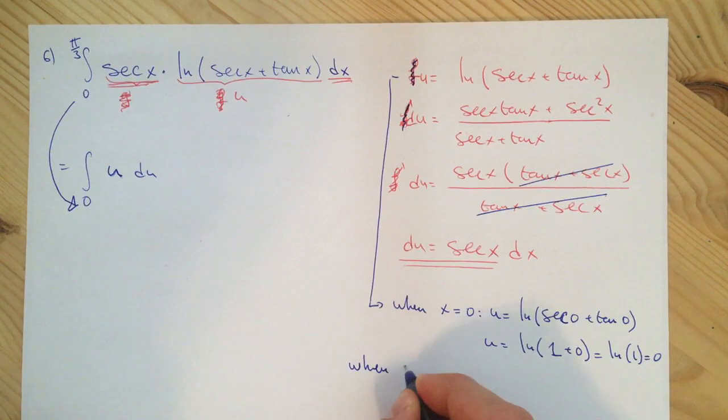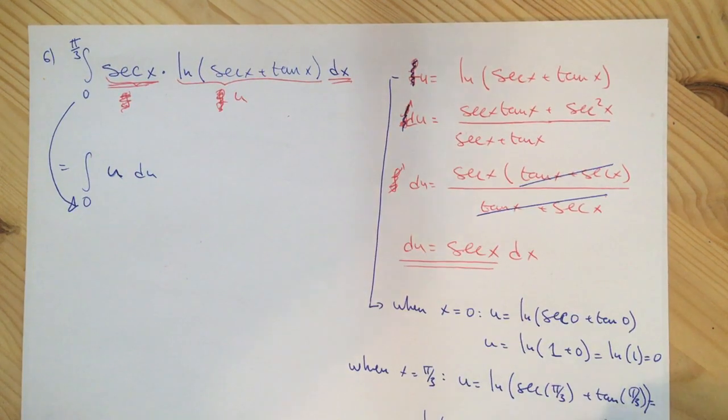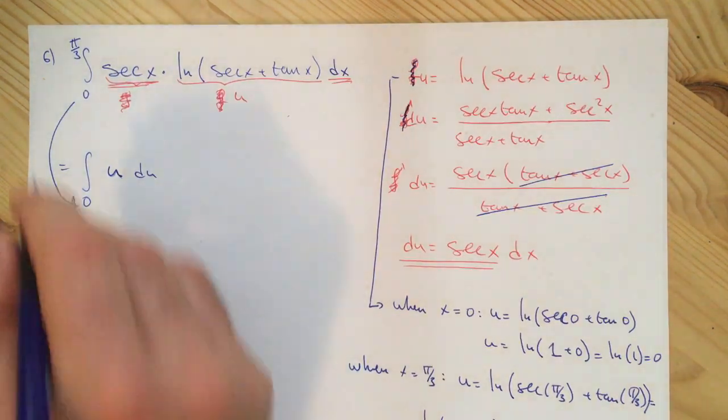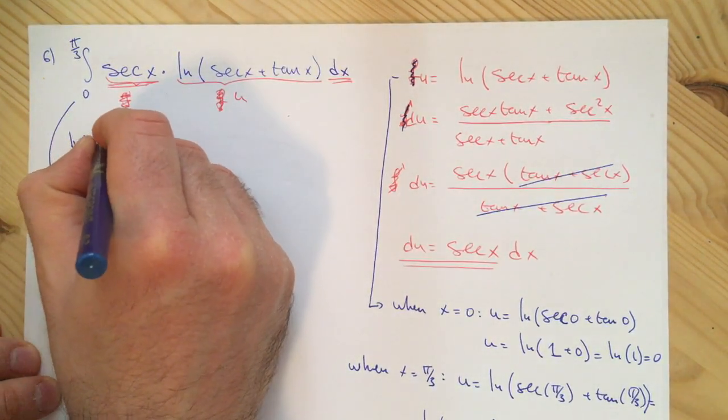And when x is equal to pi over 3, u is equal to ln of secant of pi over 3 plus tangent of pi over 3, and now we just evaluate how much this is. This is ln. Secant of pi over 3 is 2, plus tangent of pi over 3 is square root of 3. So the upper limit becomes ln of 2 plus square root of 3.